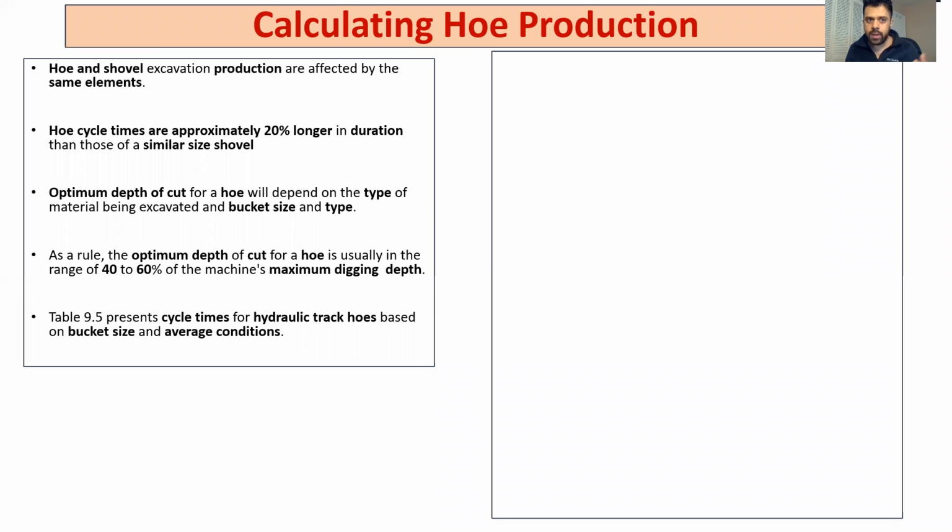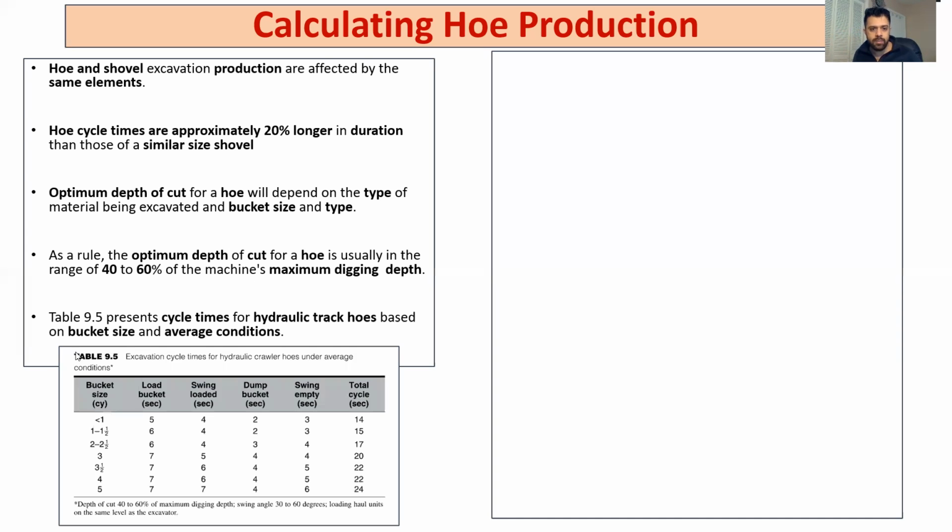Why is this important? Because the operator should try to situate the machine in a way that it stays between 40% to 60% of the maximum digging depth, if possible. So we have a table that shows the cycle times for different operations.